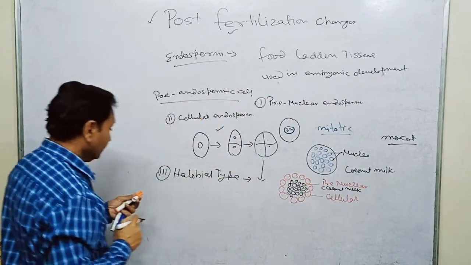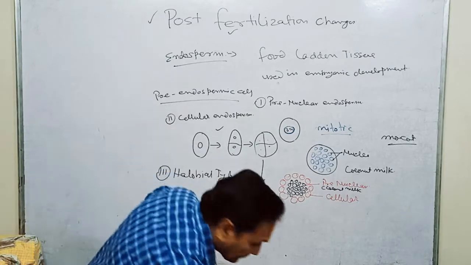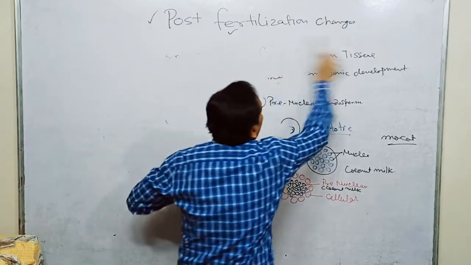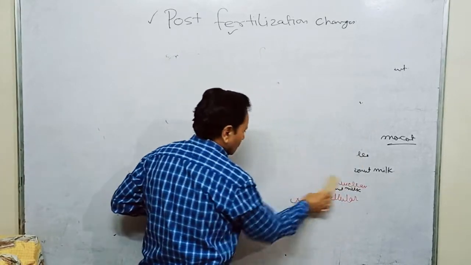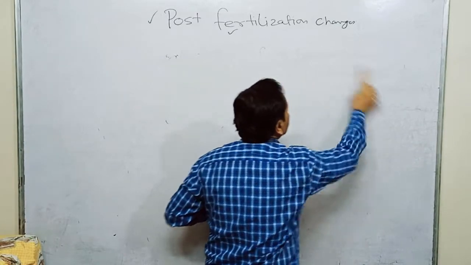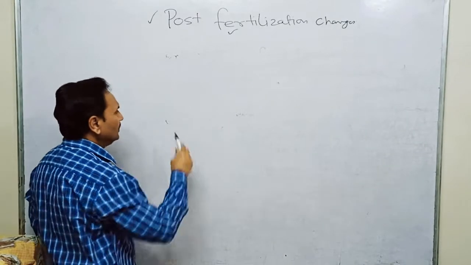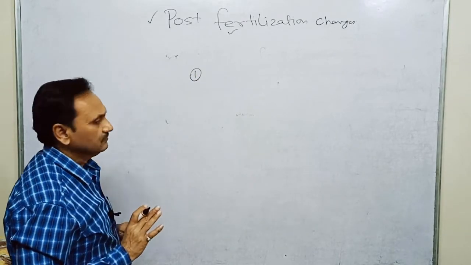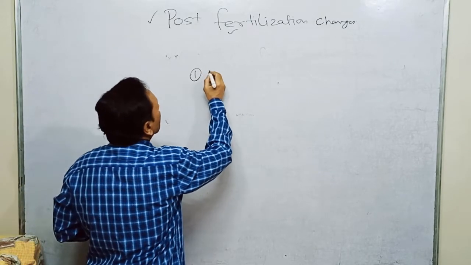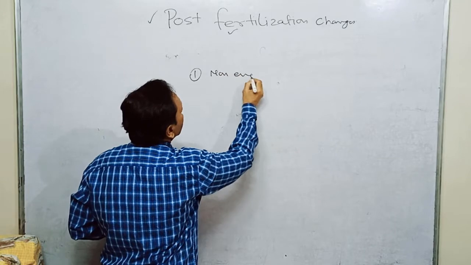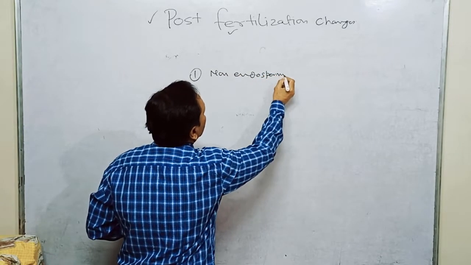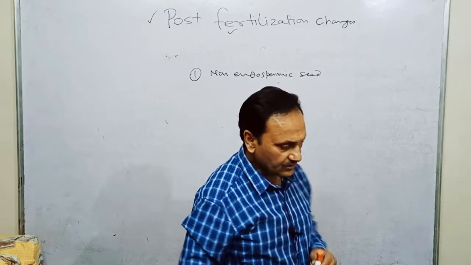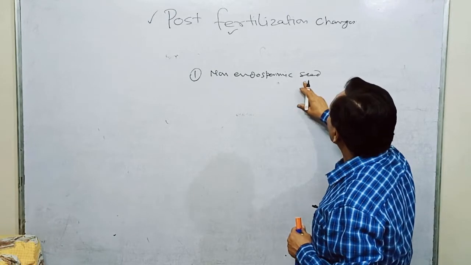Now it has been observed that during seed formation, all the endosperm is exhausted. During embryonic development, the endosperm does not remain inside. A seed formed this way is called a non-endospermic seed.